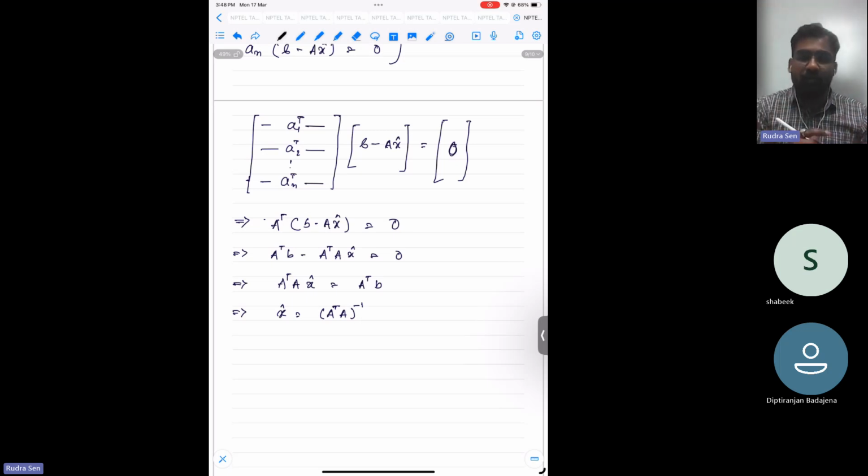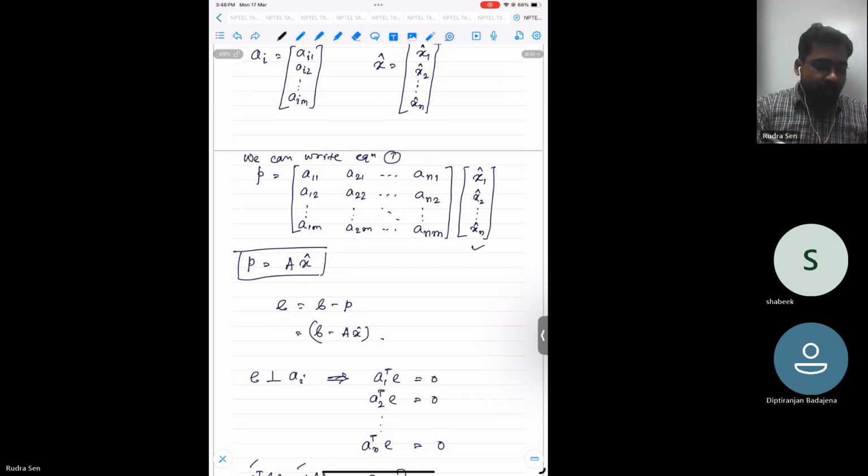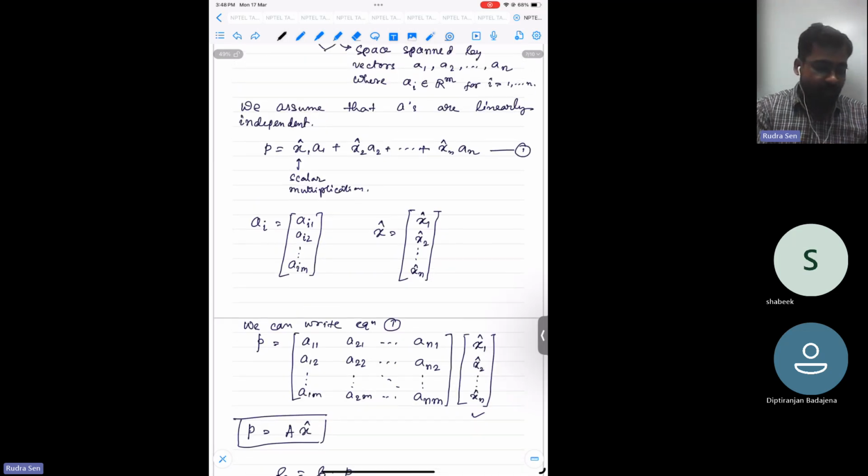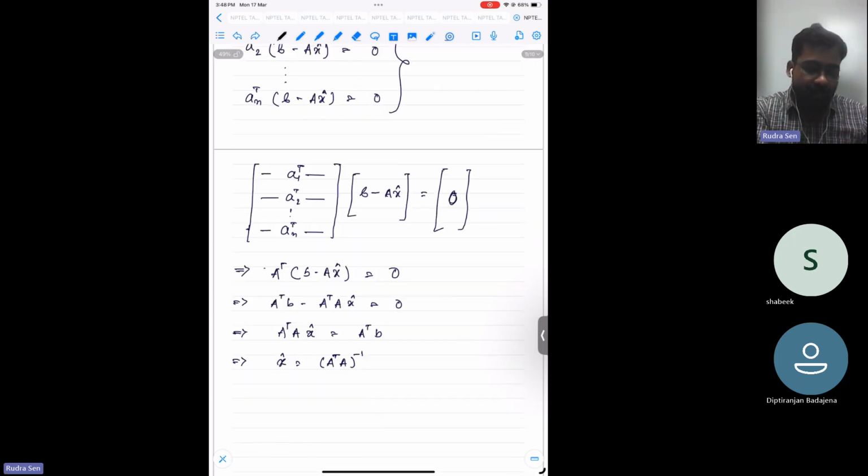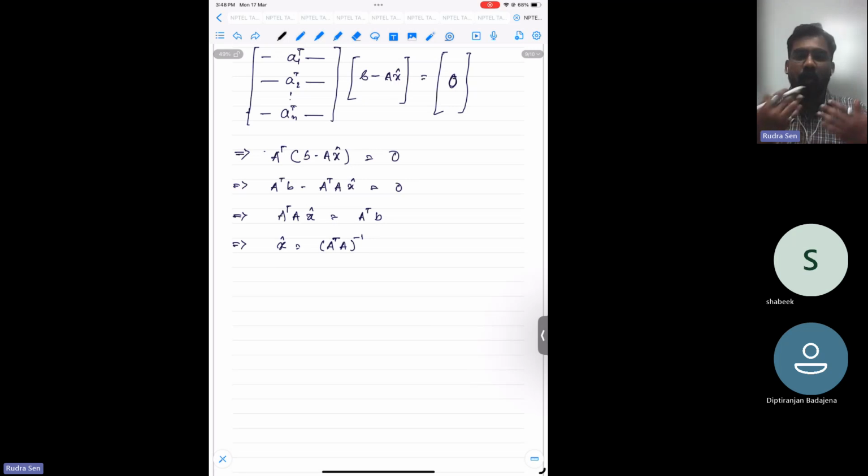Because previously we have already said that the columns of A are linearly independent. If the columns of A are linearly independent, then definitely A transpose A, which is a square matrix, will have an inverse. Okay, so we get the value of x hat.